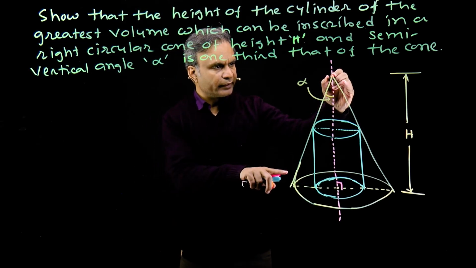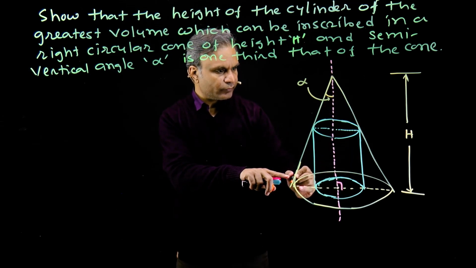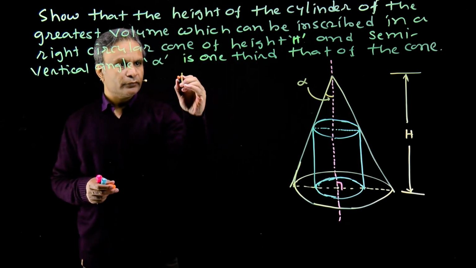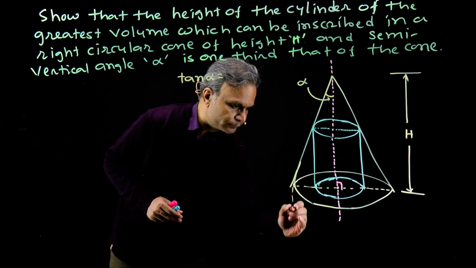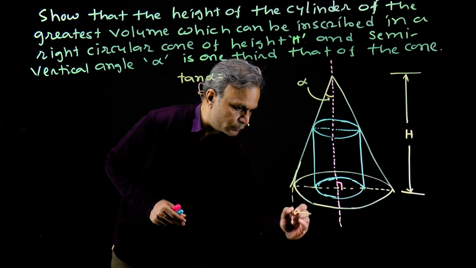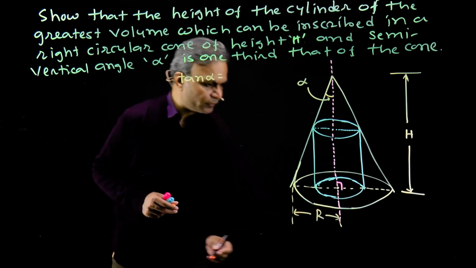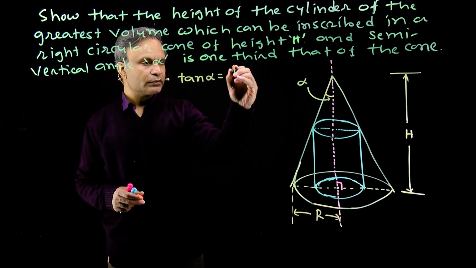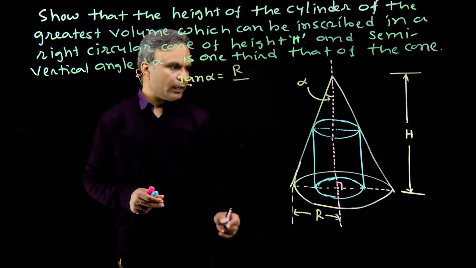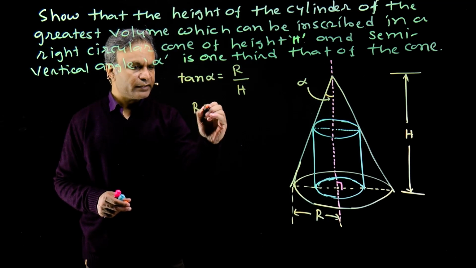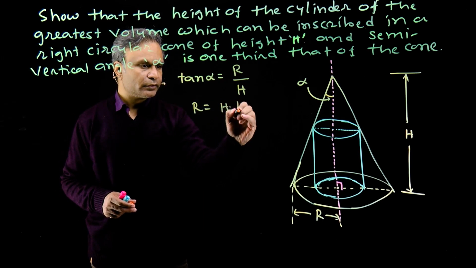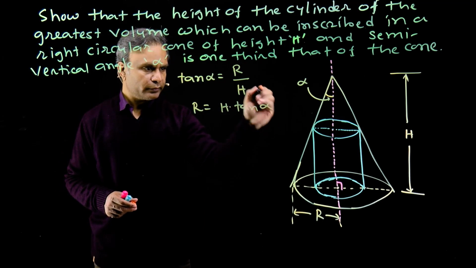In this right angle triangle, we have tan alpha equal to, suppose the radius of the cone is capital R, so tan alpha is equal to capital R upon capital H. So the radius of the cone will be H into tan alpha.